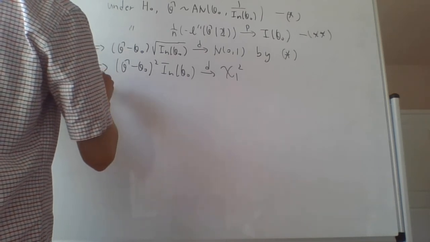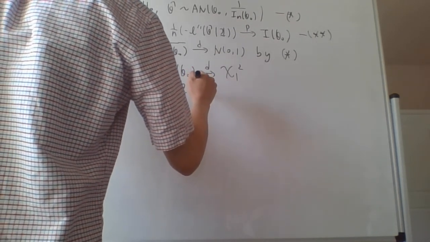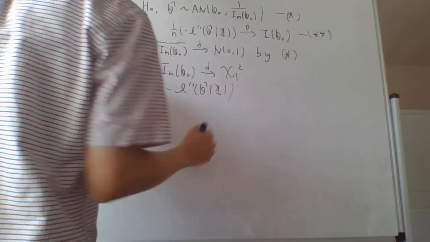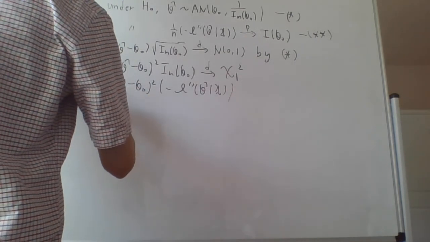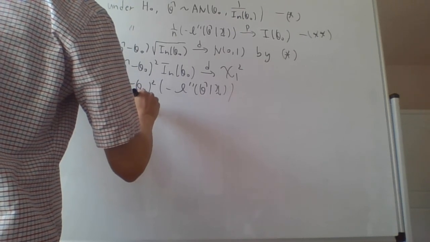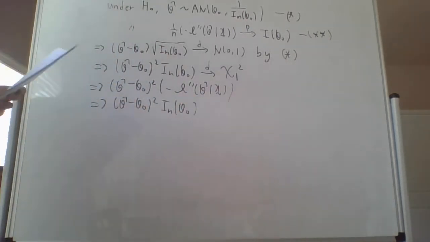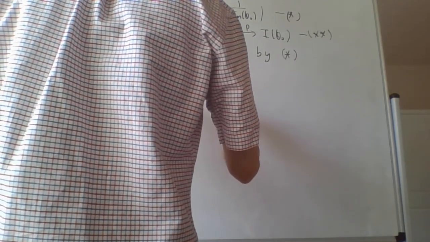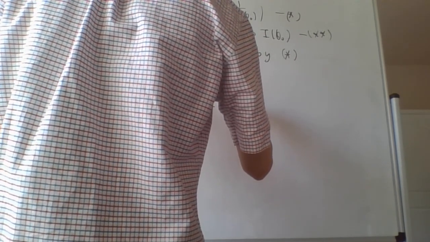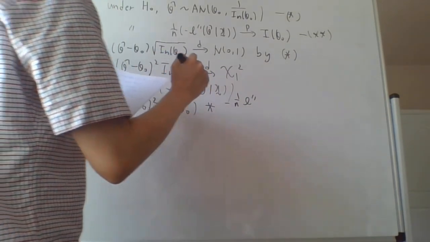Then you can see that we have this expression. We just multiply by the information number in theta 0 and divide by the information number in theta 0, and also multiply by 1 over n and divide by 1 over n.